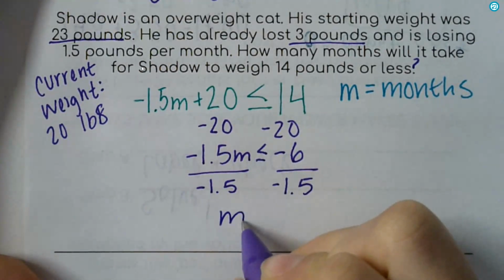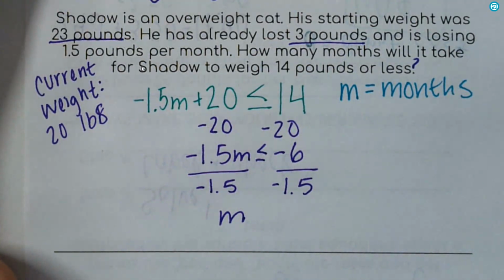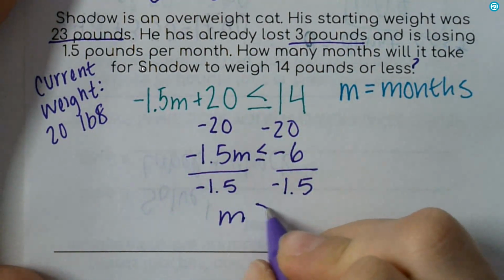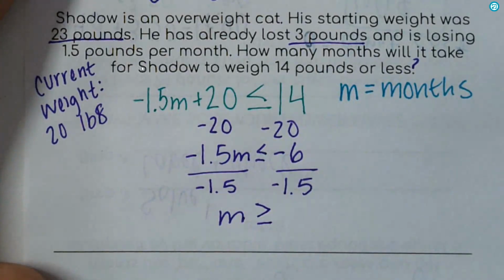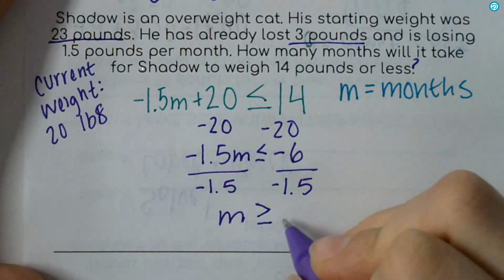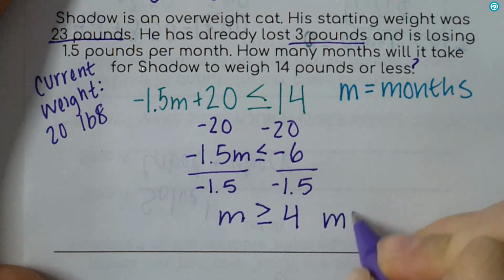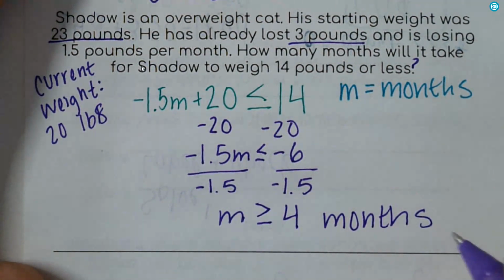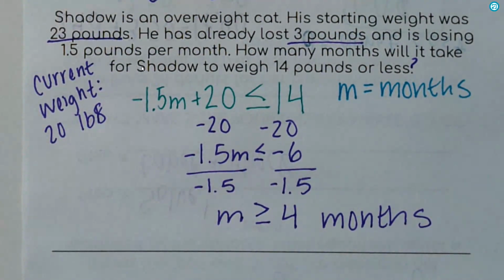I've got m. Guess what I need to do? Flip my sign: is greater than or equal to. Negative divided by a negative is positive. 6 divided by 1.5 is 4. So that means it's going to take greater than or equal to 4 months to be less than or equal to 14 pounds. So when we've got that negative rate, you're going to end up flipping your sign.